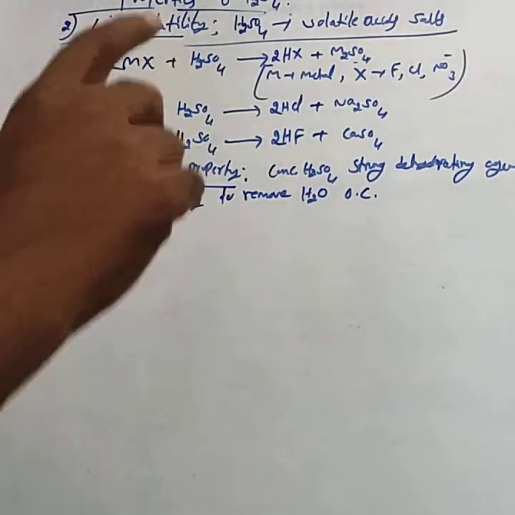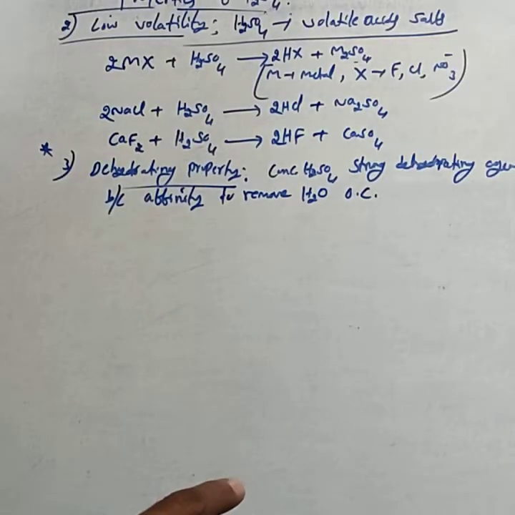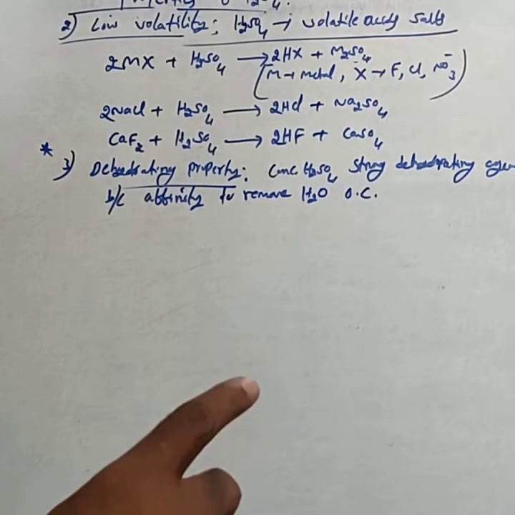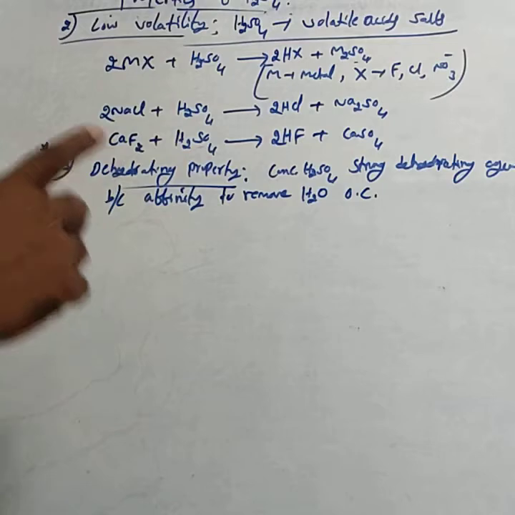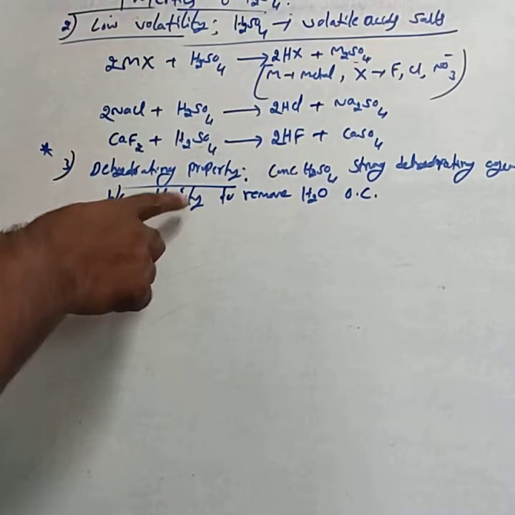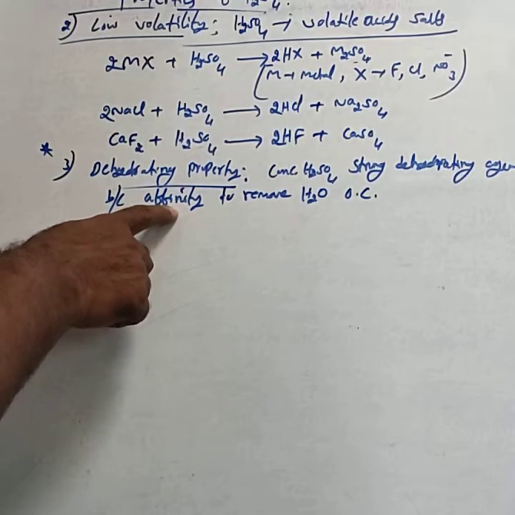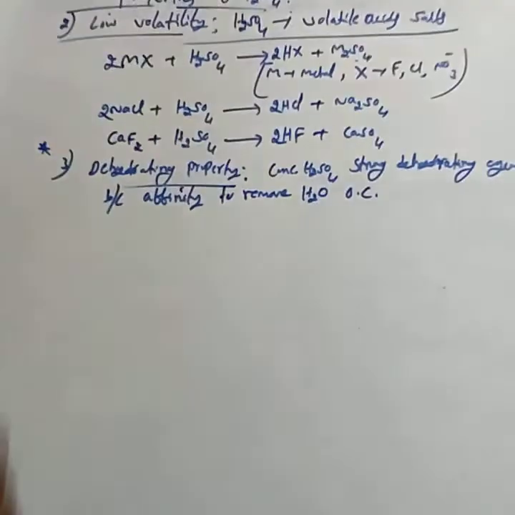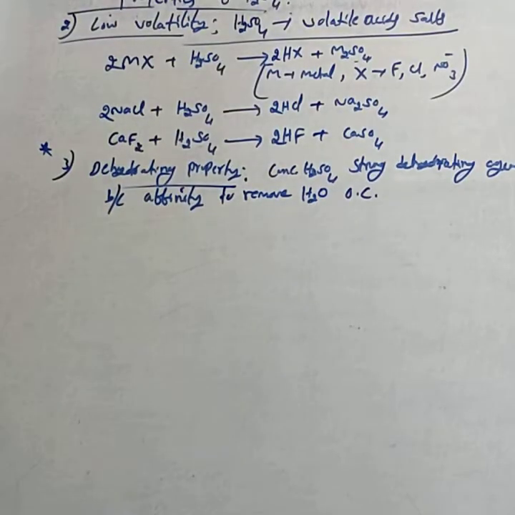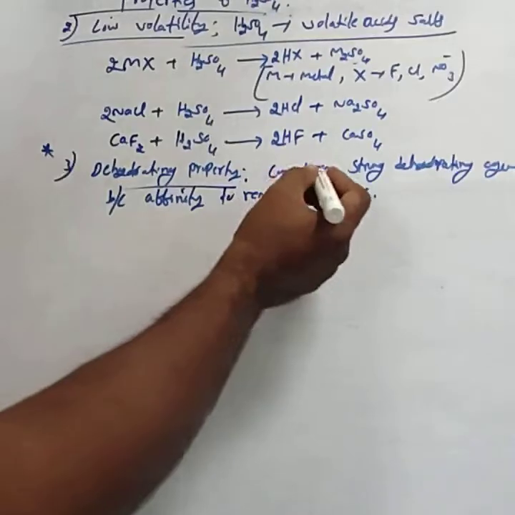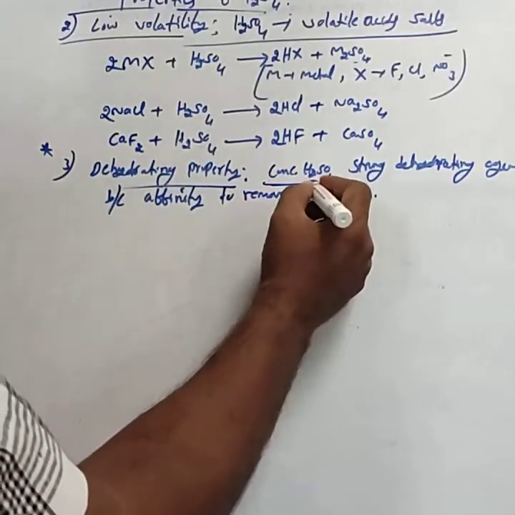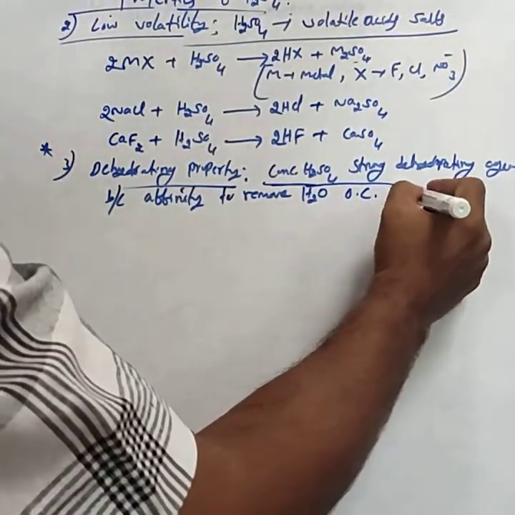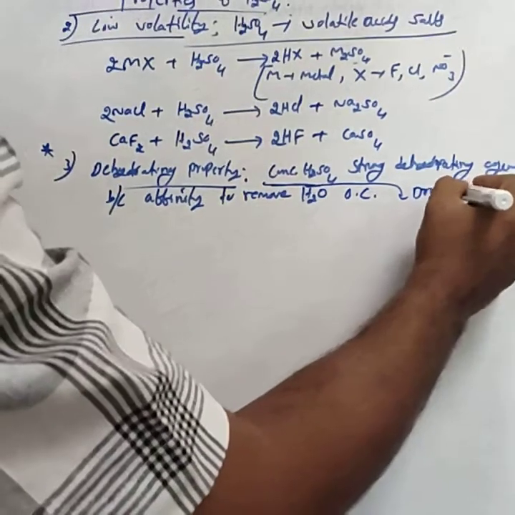In one more, they can ask why concentrated H2SO4 is a strong dehydrating agent. You have to write: because of its greater affinity to remove the water molecule from the organic compound. Hence, sulfuric acid is a strong dehydrating agent. Generally, concentrated H2SO4 is used to dry gases.